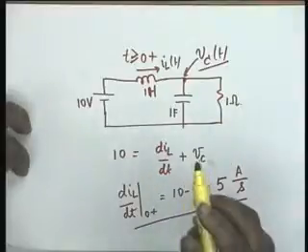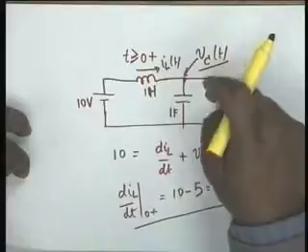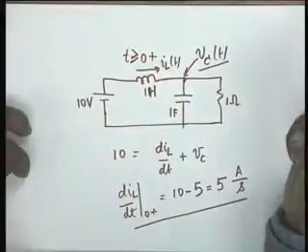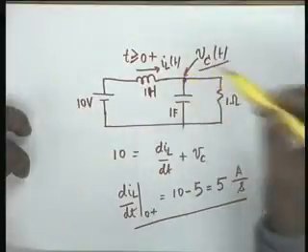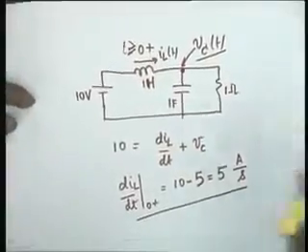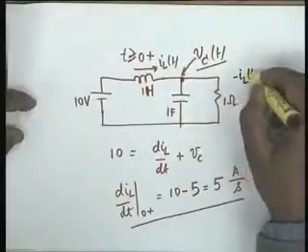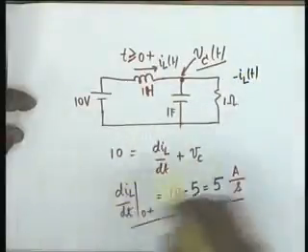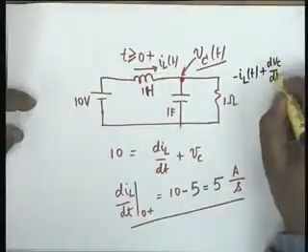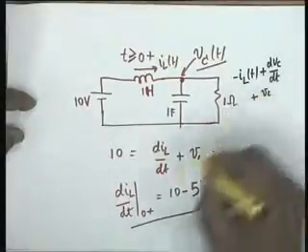Now we have to find out dVc dt. Obviously if we want to find dVc dt, we have to take care of the currents, because C dVc dt is the current, and therefore we write a node equation here. You see the current going out is minus IL, plus 1 farad times dVc dt, plus Vc by 1 ohm.